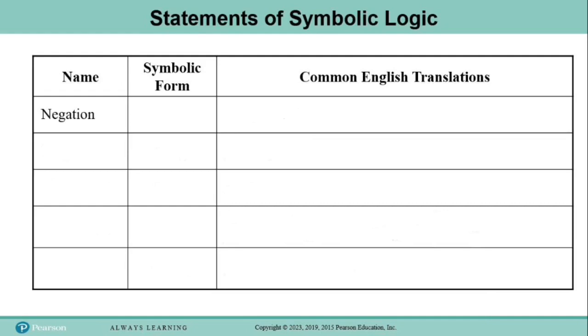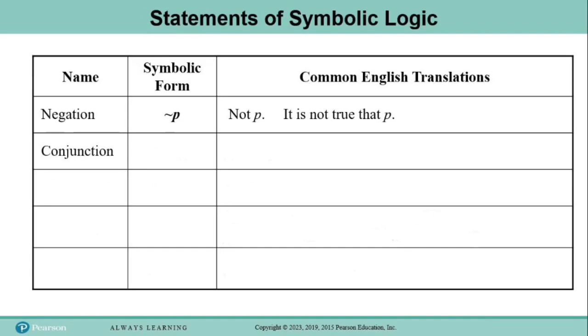And you know that the symbolic form for the negation is just to put a tilde in front of the label for the statement. And so the way that comes across in English is "not P," or "it is not true that P." And then earlier in this section we talked about the conjunction, and we said a conjunction was two simple statements joined by an "and."